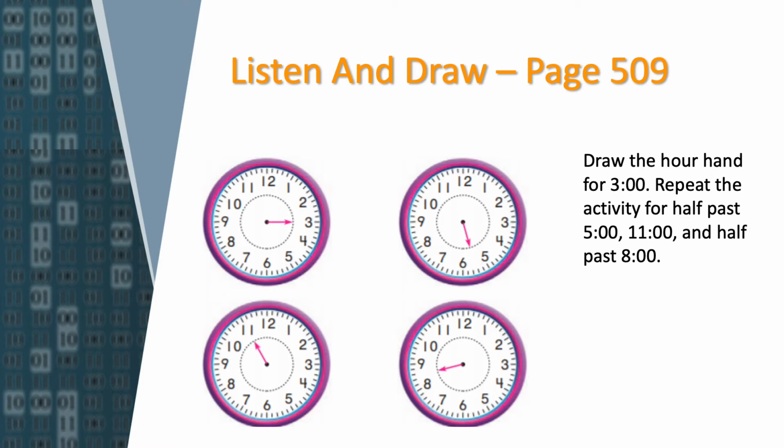You will see that in this case it is between 8 and 9. So you will always put it a little ahead of the number that it says. For example, here it says 8:30. So you'll put a little ahead but before 9, not after 9. In between 8 and 9 is 8:30. Can you draw this in your books, children? On page number 509.